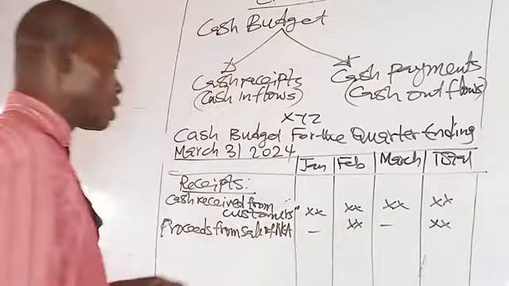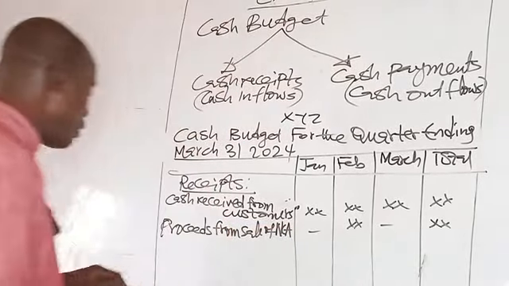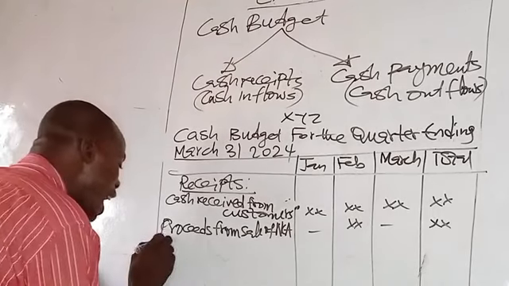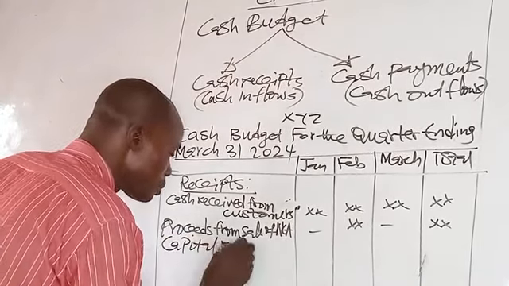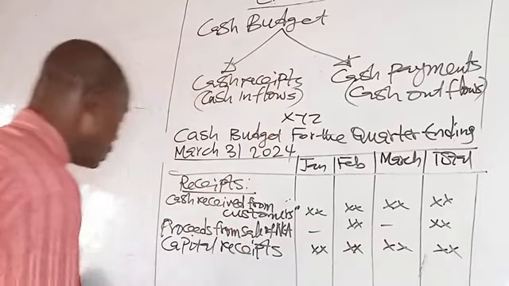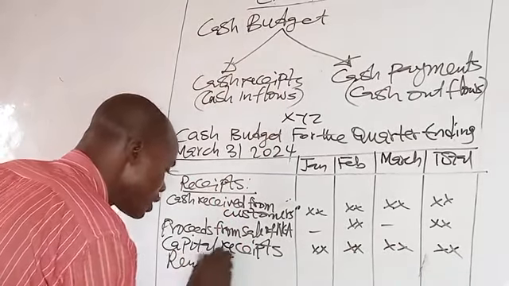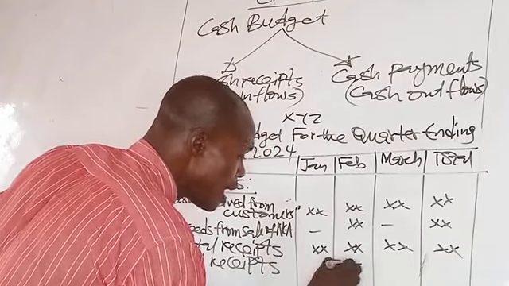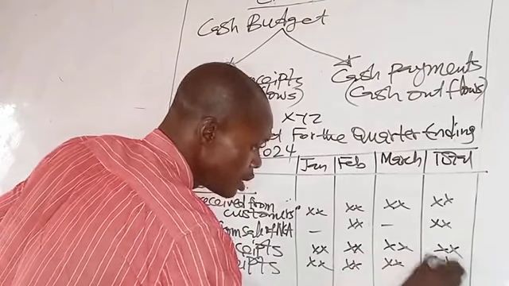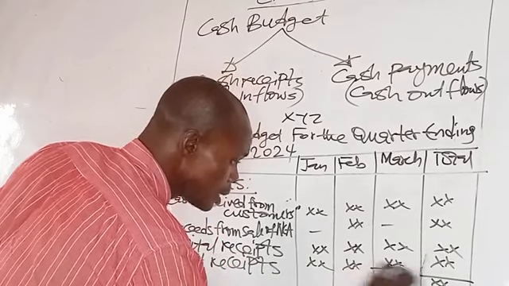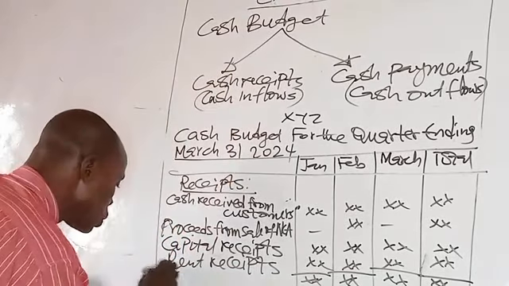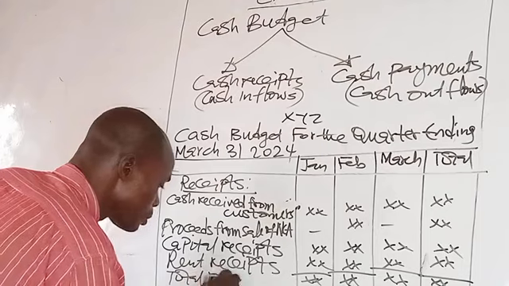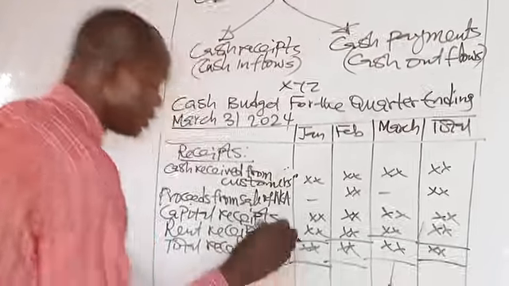The amount realized from sales, the proceeds, you may have it as an inflow. Capital receipts, then rent receipts. All items of receipts, you have them in your cash budget. That is total receipts. They have that as A.